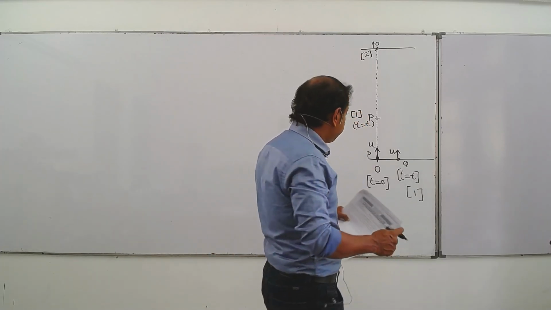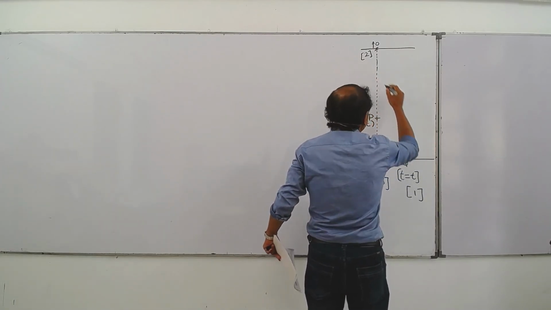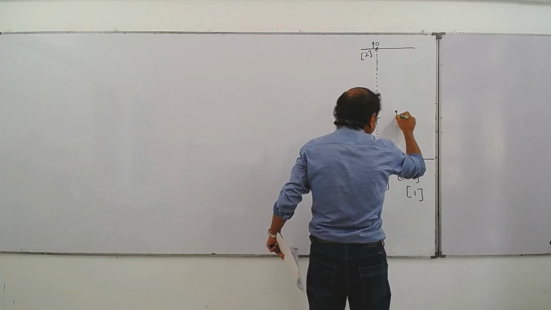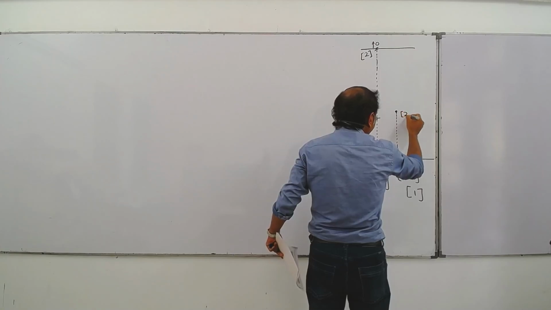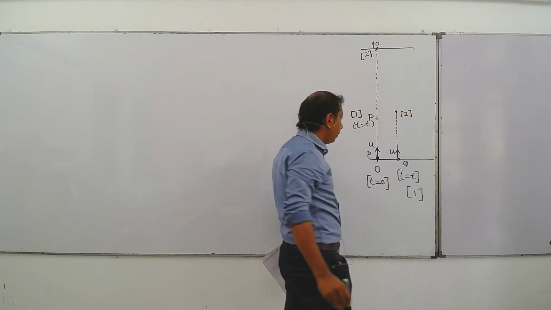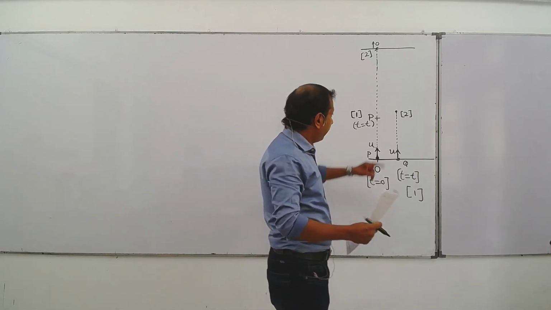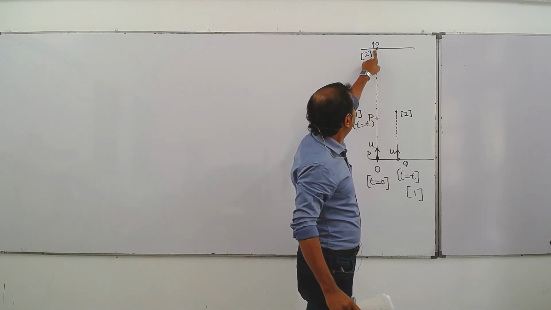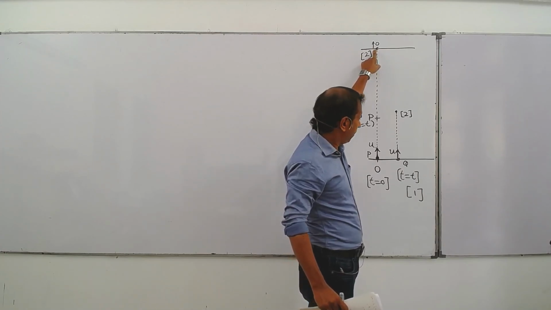When P comes to the maximum height, that is what I took as the second instant. Then Q is somewhere here at the second moment. So when Q is here, P is at the maximum height.